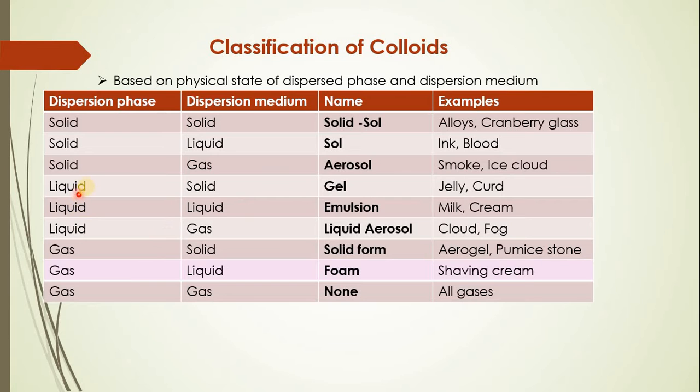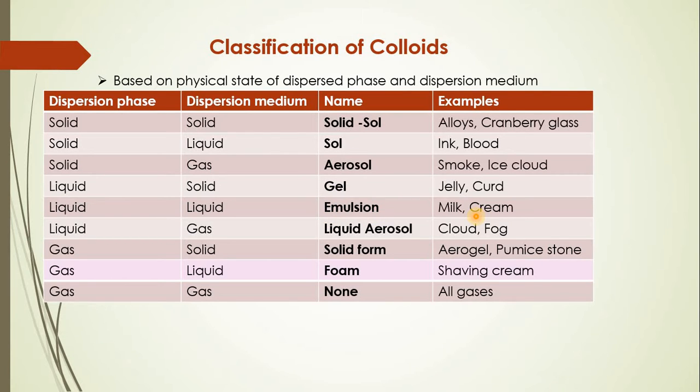In the same manner, if the dispersion phase becomes liquid and the dispersion medium is solid, then the name given to such a colloid is a gel. Example is jelly, and the biological example is curd. Similarly, if the dispersion phase is liquid and the dispersion medium also is liquid, then we get emulsion.